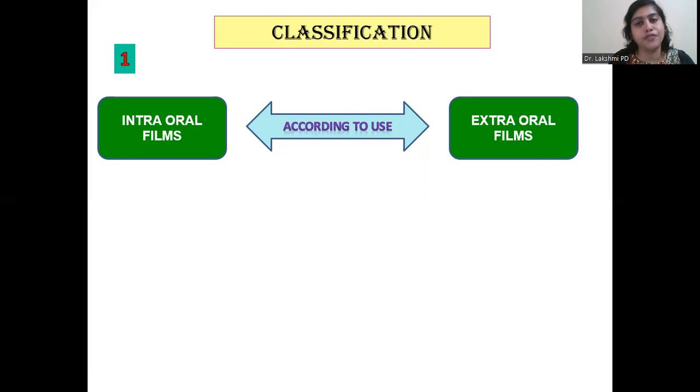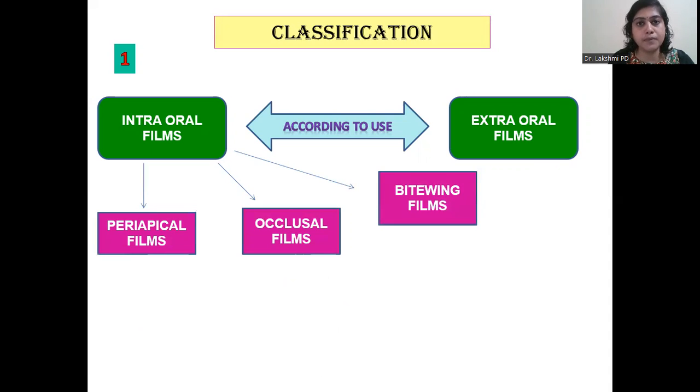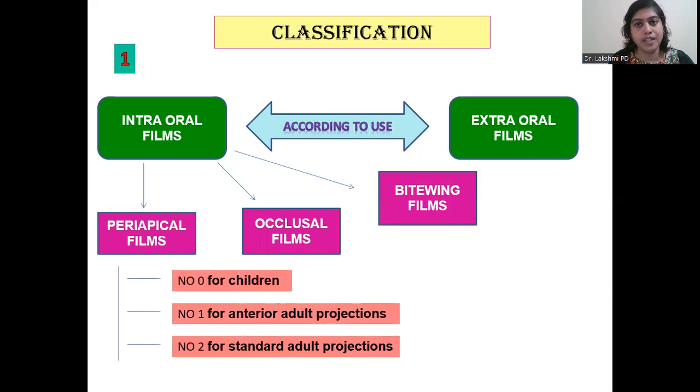Intraoral films can further be classified into periapical films, occlusal films, and bite-wing films. Now, these periapical films can be further classified depending upon their sizes, as size number 0 for children, size number 1 for standard anterior adult projections, and size number 2 for standard adult projections.